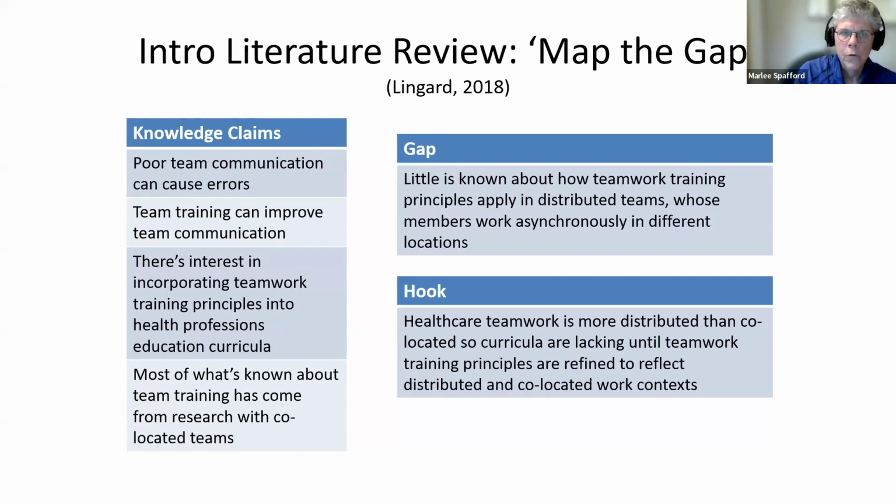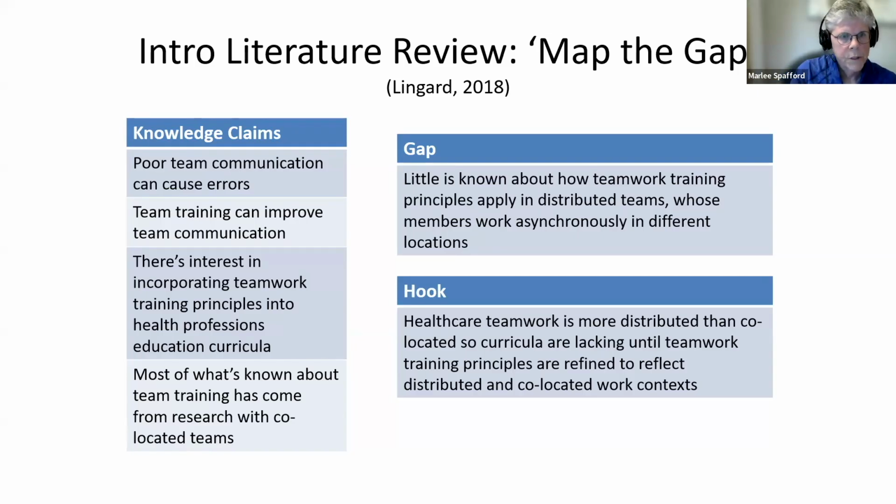So let's think about the literature you could probably come up with. There is literature that poor team communication causes errors. So you could make a statement and have citations. You also could talk about how team training could improve team communication, and there's literature that you could stand by for that.